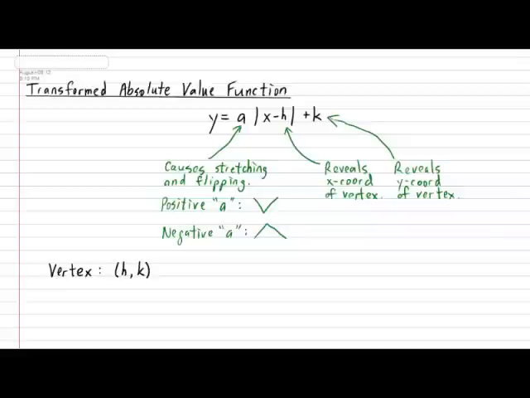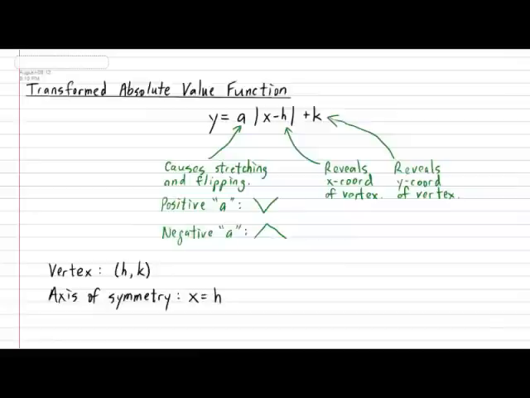Now, the value of h also reveals something important. Notice that in this type of graph, the left side of the V-shape and the right side of the V-shape are symmetric. So the h value also reveals the axis of symmetry. The axis of symmetry is identified by x equals h.